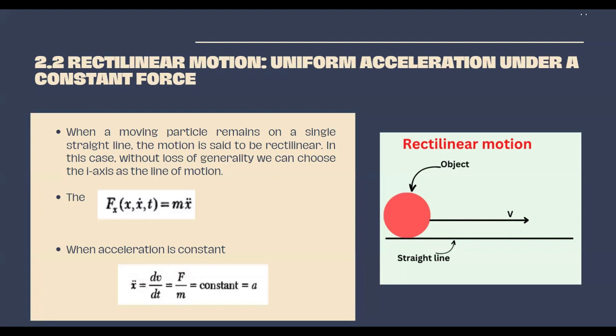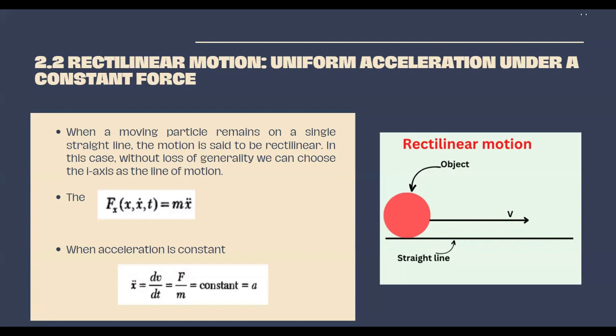chosen line over time. The general equation for rectilinear motion is F(x, ẋ, t) equal to mẍ. The x is the position, which is the location of the object along the chosen straight line.